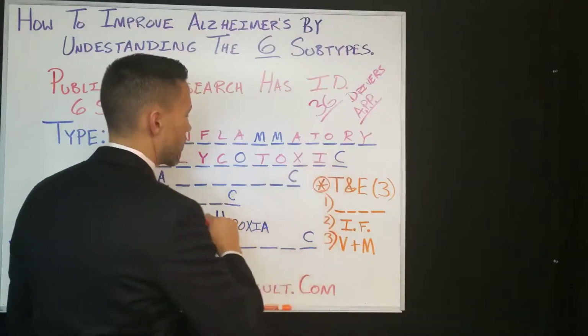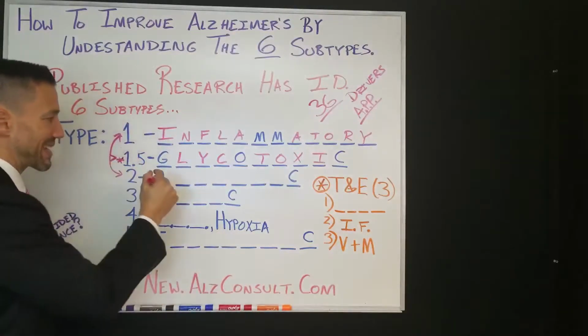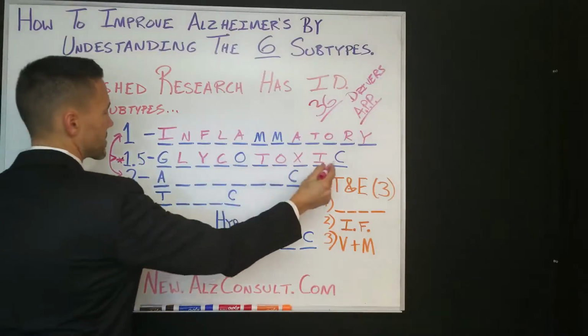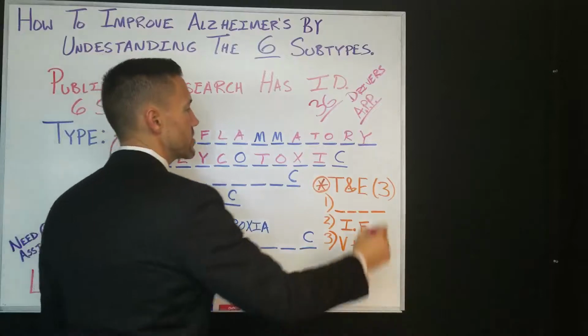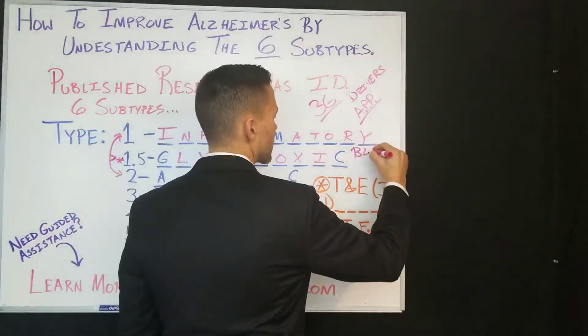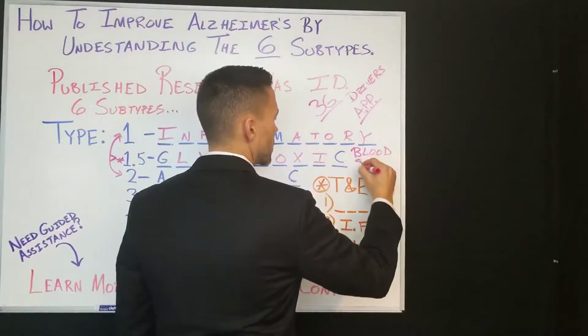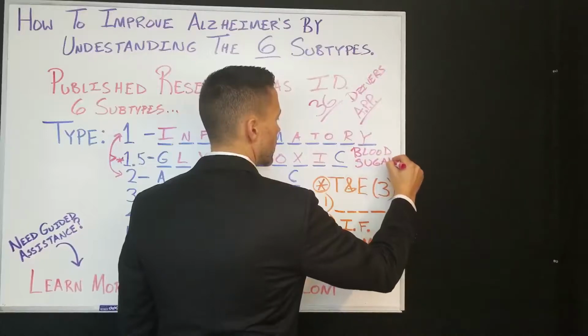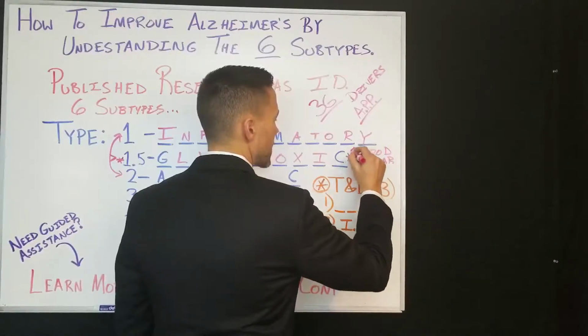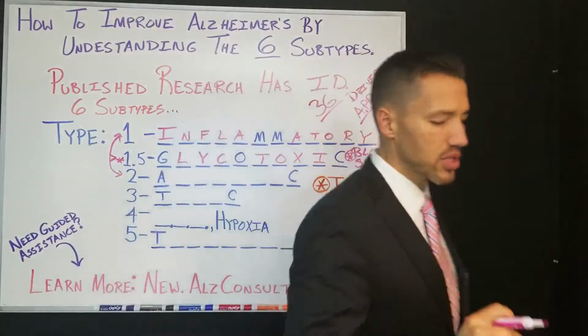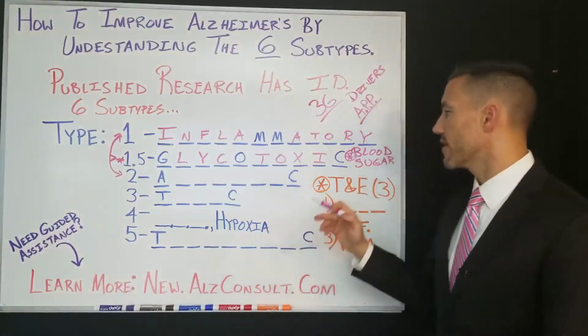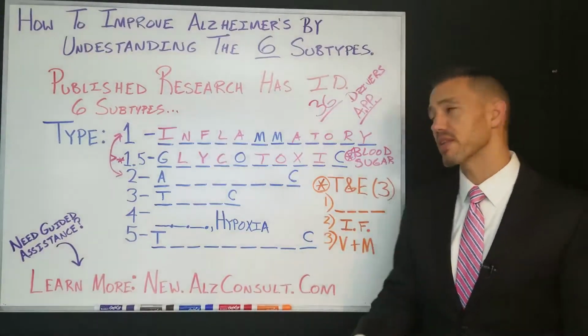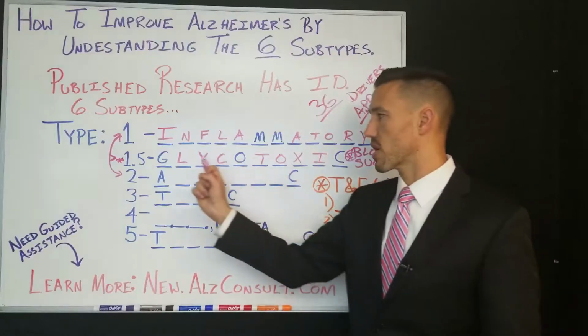You're probably wondering, what does that word mean? All you need to know here is blood sugar. Glycotoxic means blood sugar.